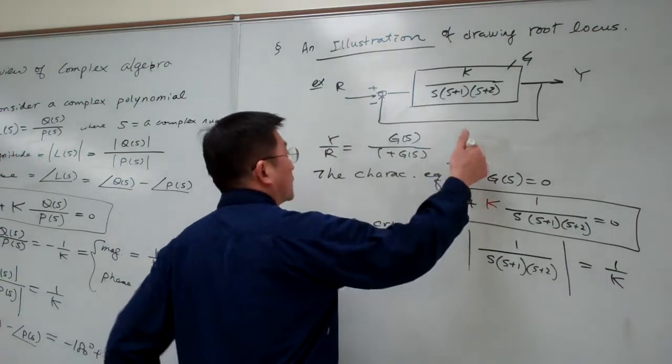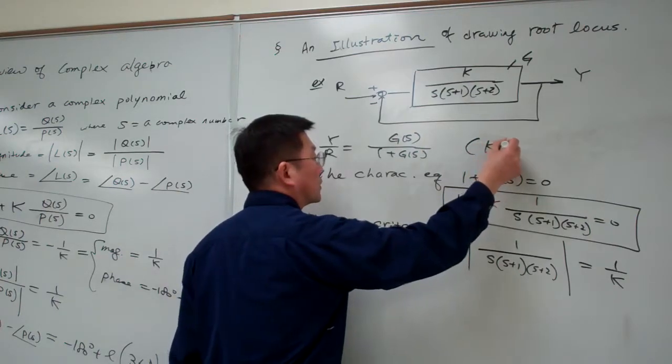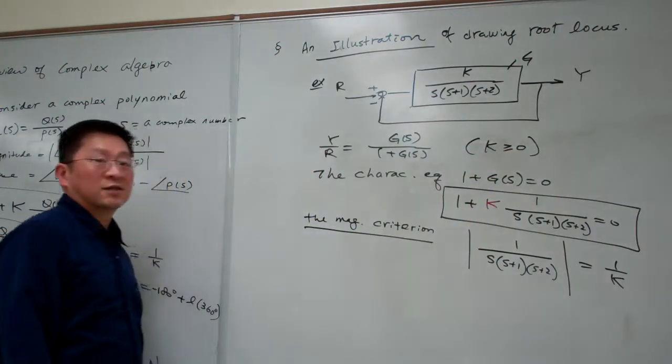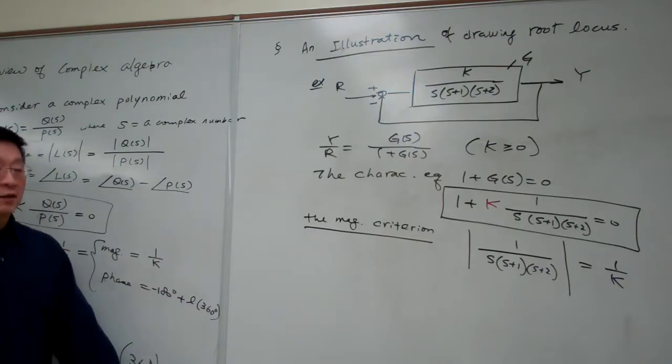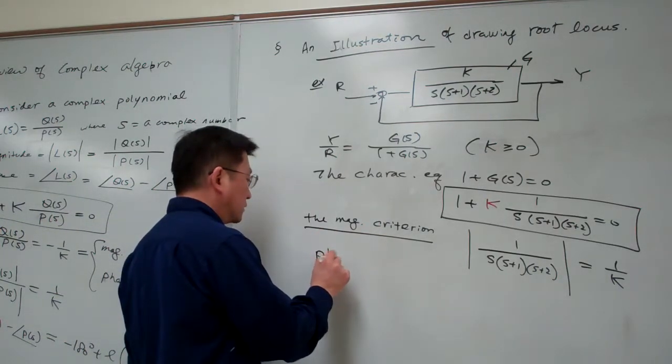Okay, so for this case again, let me put certain restrictions. Here we only consider that in the design domain K is non-negative. Okay, and then here is the phase.